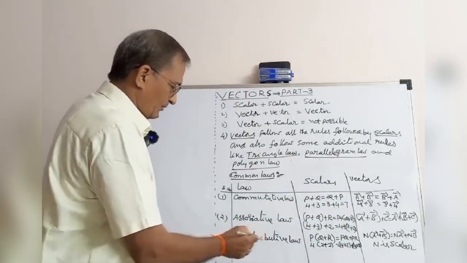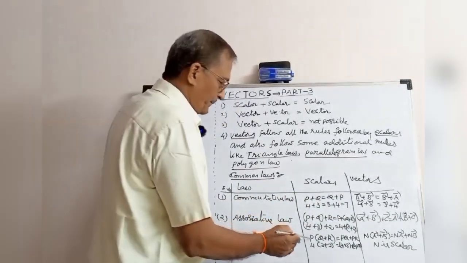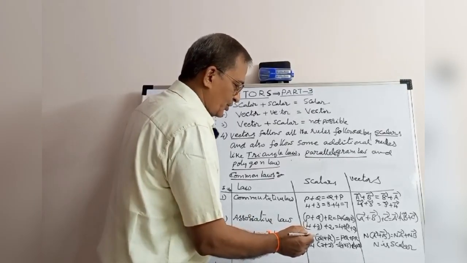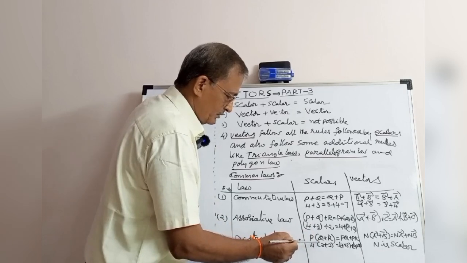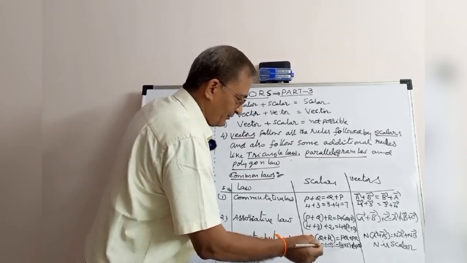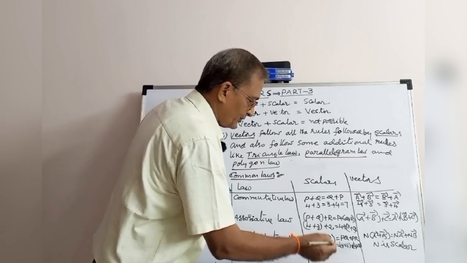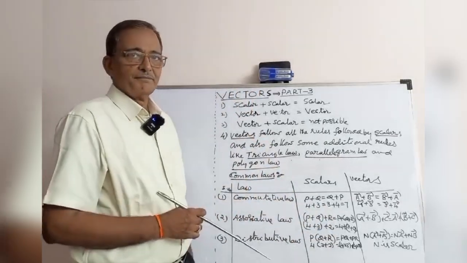And there is another law which is called distributive law. Here, P is distributed among Q and R. That means if you multiply 4 with 3 plus 2, it is nothing but 4 multiplied with 3 plus 4 multiplied with 2. These are the laws followed by scalar addition.